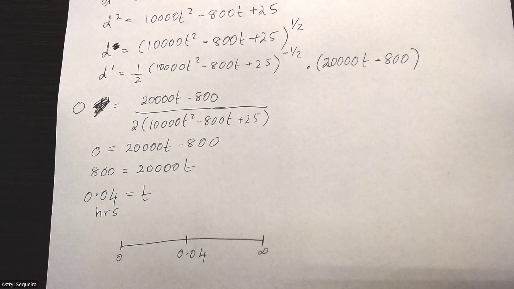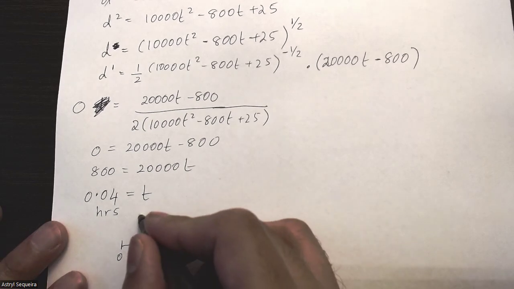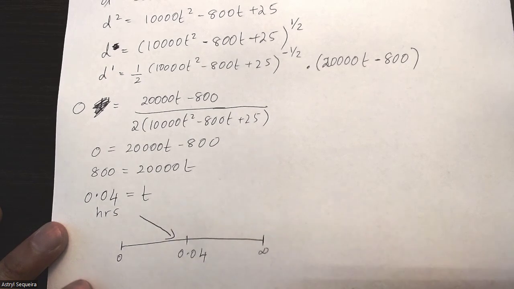I'll sub in 0.01. And when I do that, I get a negative number, which means that it's decreasing.